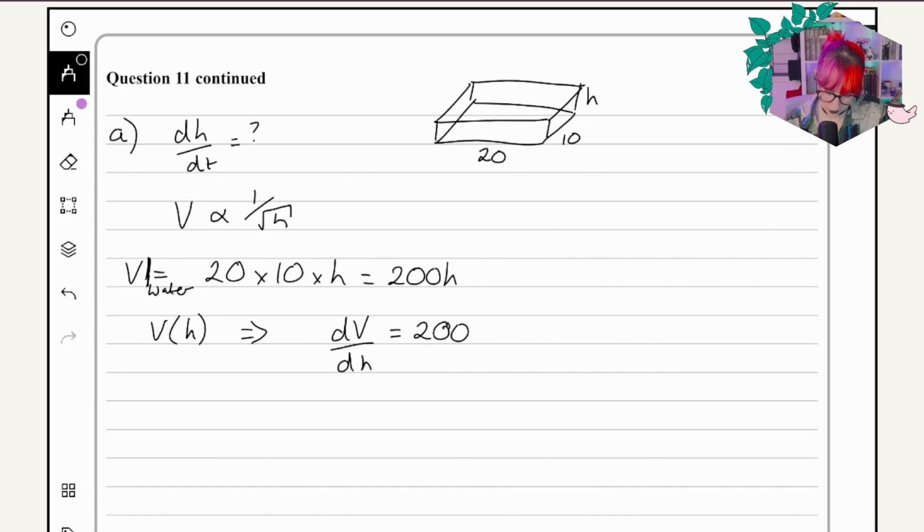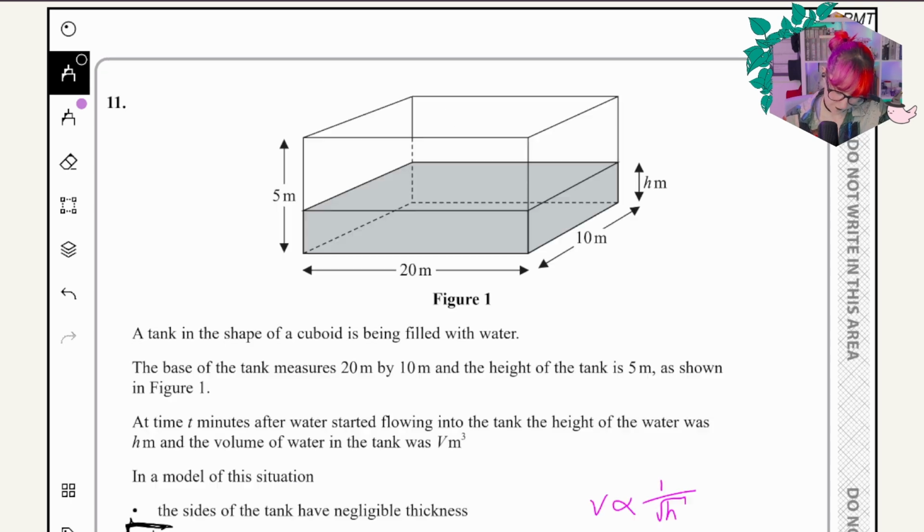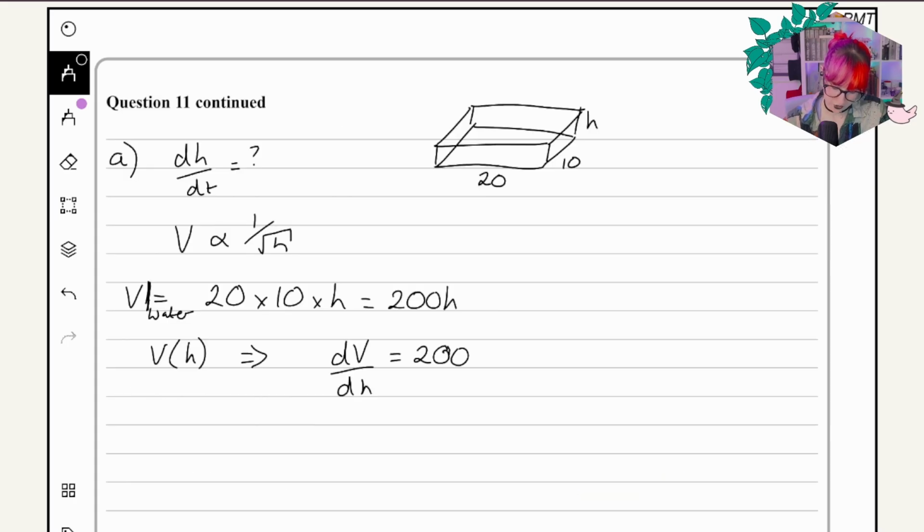So the volume as the height changes, it does have some positive gradient, but it's just 200 there. We then have the rate of change of v. So that's actually wrong. It's not v, it's the rate of change of v. So the rate of change of v is dv dt.